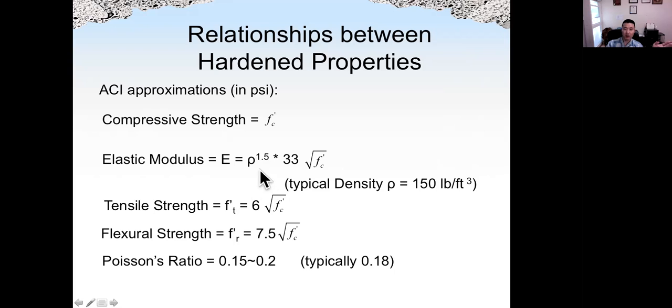For example, the E value, we could use that equation, which is a function of rho. Rho is the density of the concrete, and F prime C. Tensile stress, okay. Fracture strength, or Poisson's ratio of concrete is around 0.18 to 0.2, depending on the mixed design.